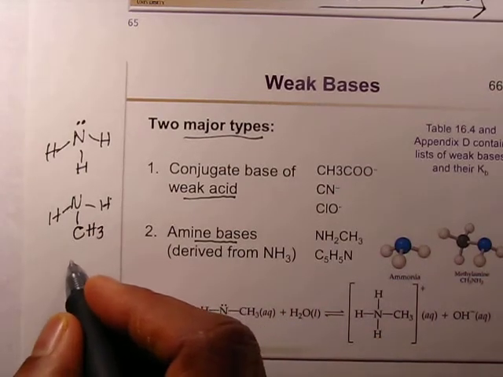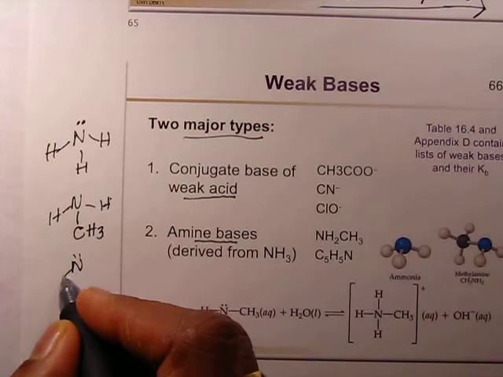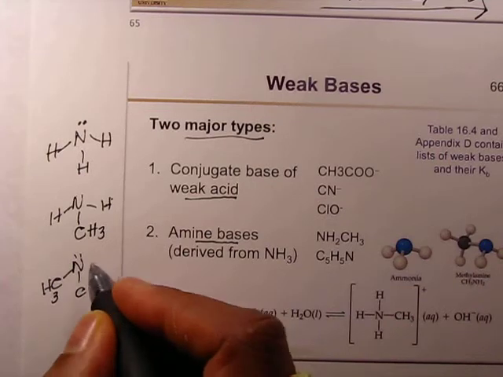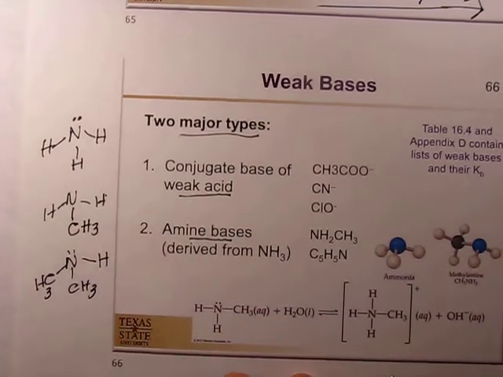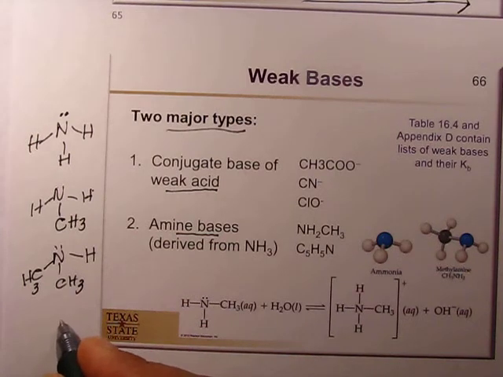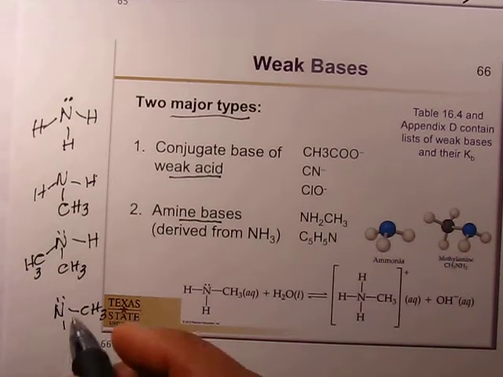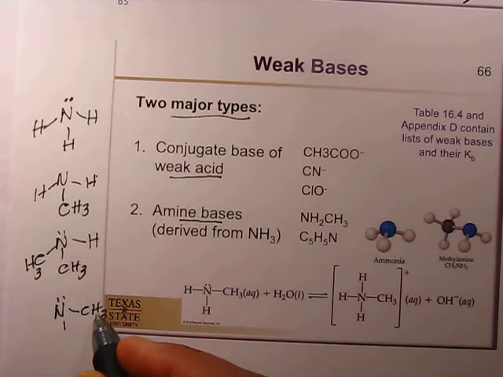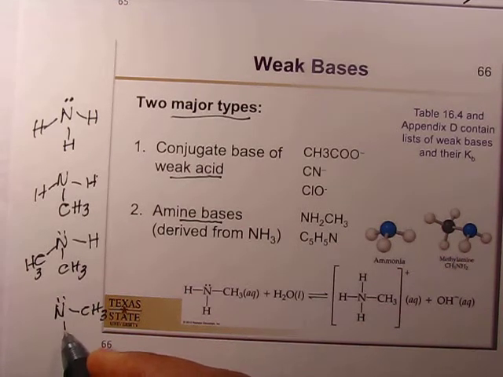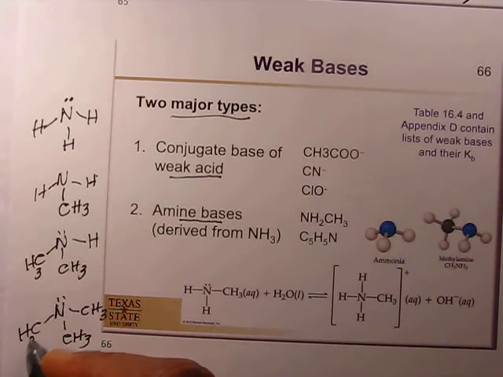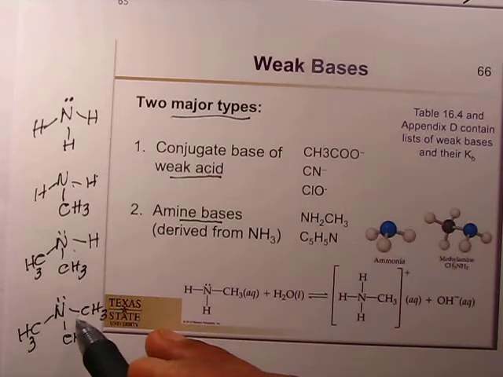So this is methylamine, and if we replace two hydrogens with methyl groups, this is called dimethylamine, and if we replace the third one, then it will be N,N-dimethylmethylamine. This is trimethylamine, with CH3 and CH3. So this is a primary amine, this is a secondary amine, and this is a tertiary amine.